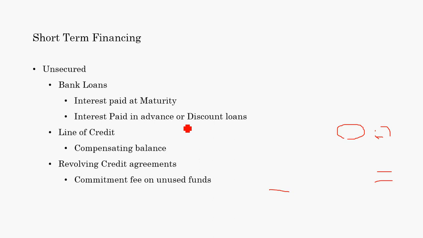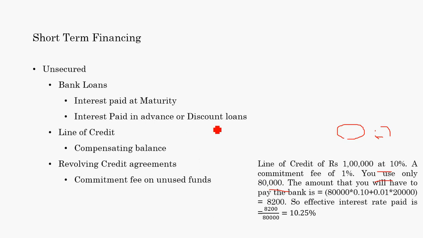up to 4 lakhs. Another characteristic of this revolving credit agreement is that there will be a commitment fee on your unused funds. For example, let's say there was a line of credit for 1 lakh at 10 percent, and a commitment fee charged of 1 percent.